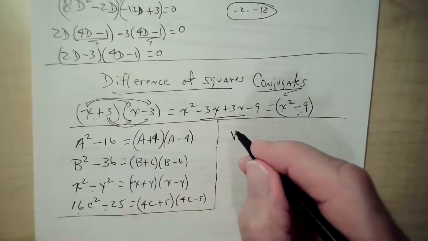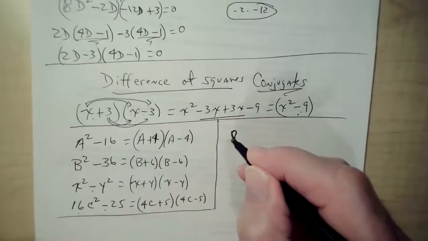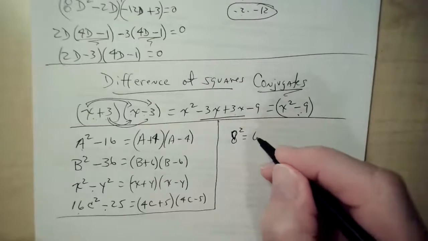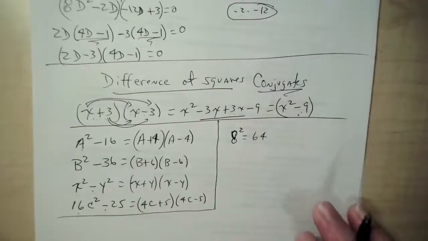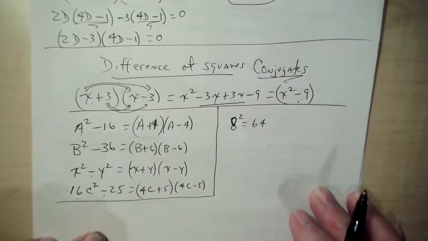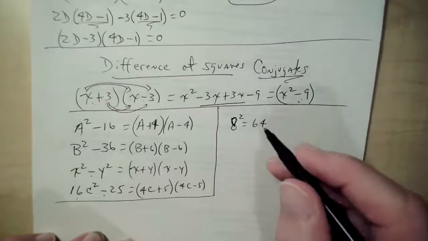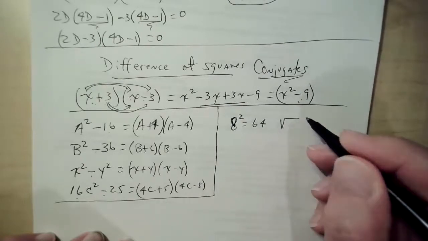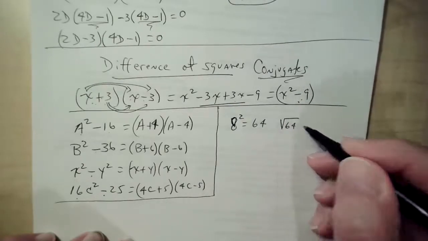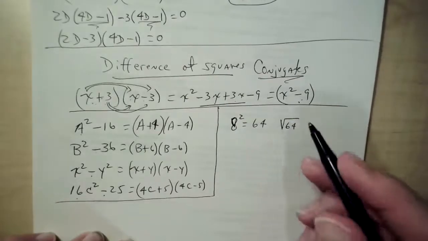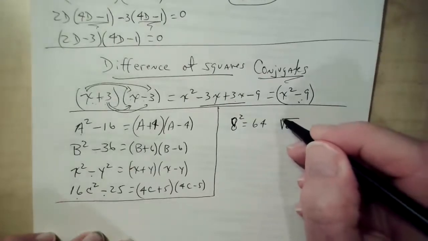Well, let me kind of back up. 8 squared is 64, right? It means 8 times 8. Now it seems like everything we do in math, we do frontwards and backwards. So what is the square root of 64?